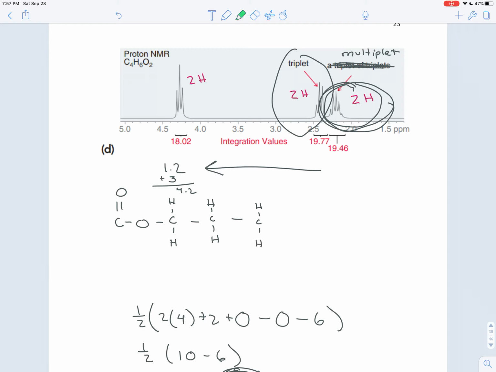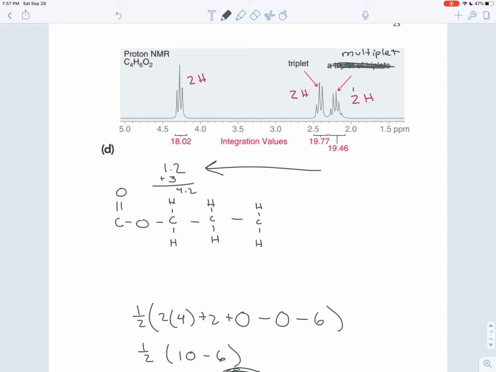Okay, let's step back, take stock. What have we used so far? We've used 1, 2, 3, 4 carbons. There are only 4 carbons, so we've used all of our carbons. We've used 3 plus 3 is 6 hydrogens, and there are only 6 hydrogens, so we've used all of our hydrogens. And we've used 2 oxygens, and there are only 2 oxygens, so we've used all of our oxygens. In other words, we've used all of our atoms.